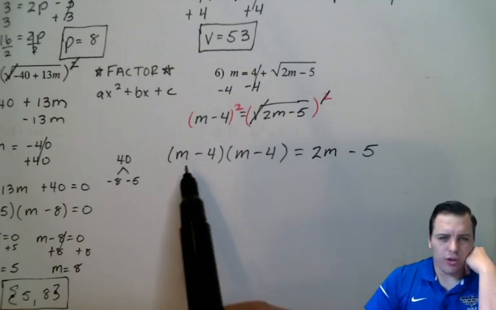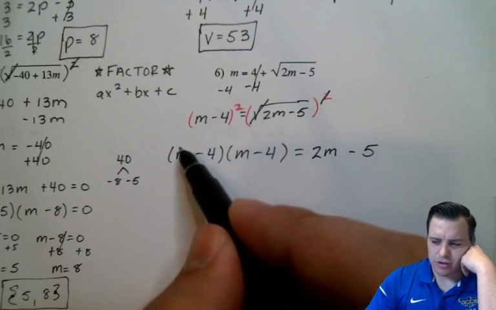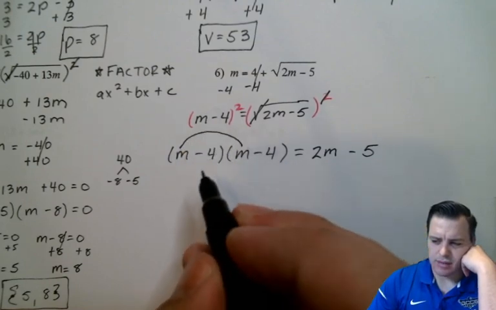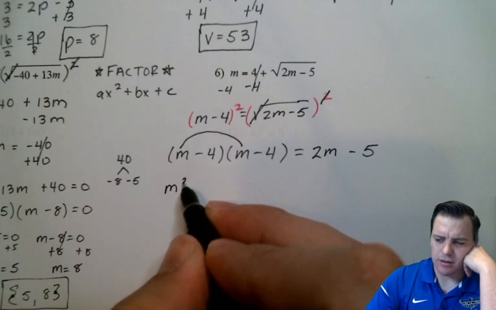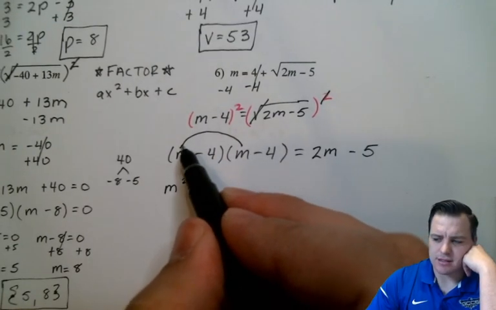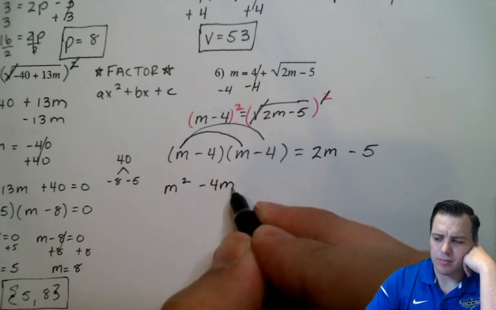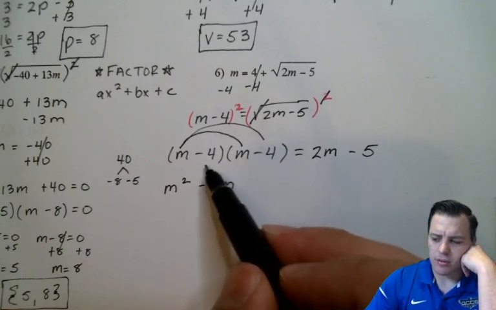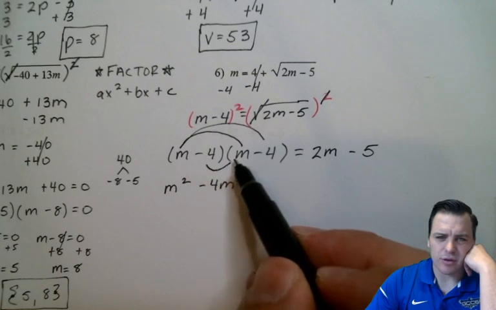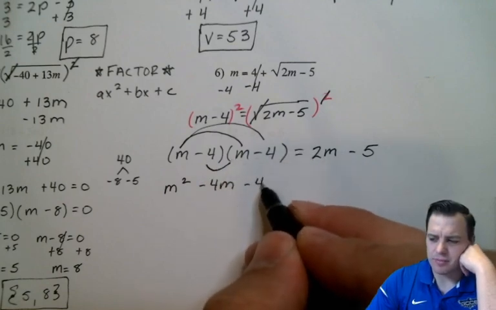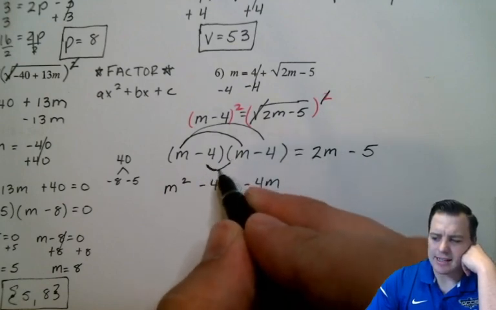So let's FOIL this. Let's go first. First, m times m is m squared. Go outside, which would be negative 4m. Go inside, negative 4 times m would be negative 4m. And go last.